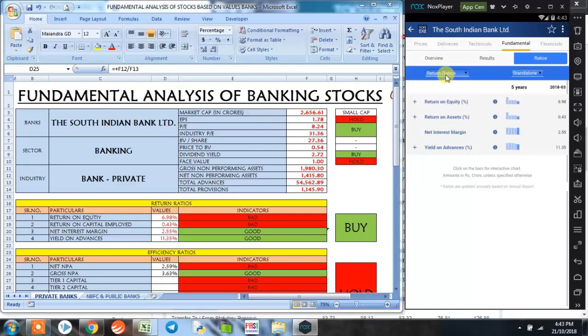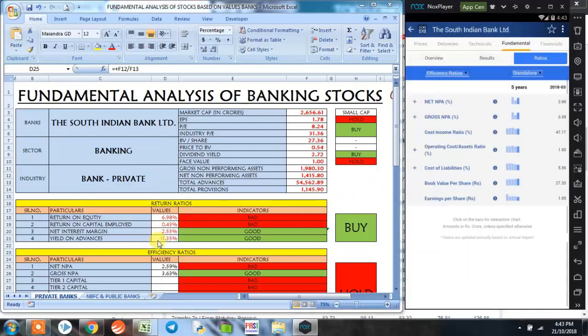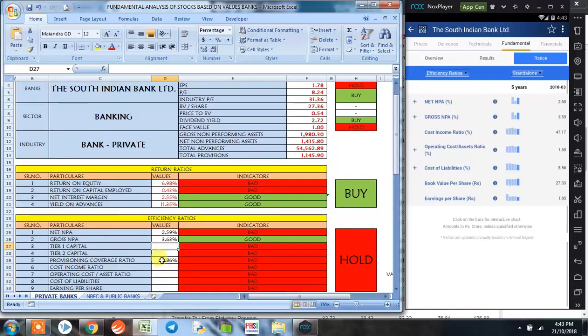Now we come to the efficiency ratio. Here we could see that the net NPA as per our calculation is around 2.59%, whereas here it is 2.60.